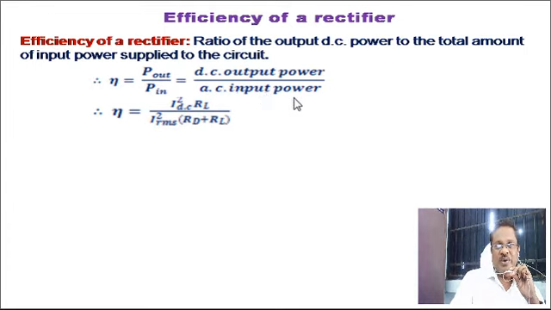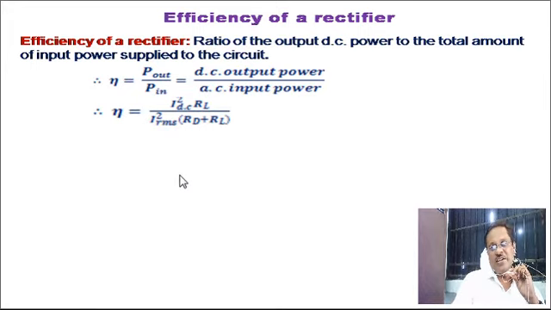AC input power is represented as I RMS square into RD plus RL. I RMS is the root mean square value of current, RD is the resistance of the diode used in the rectifier circuit, and RL is the load resistance. So this is the formula for the calculation of efficiency of a rectifier.